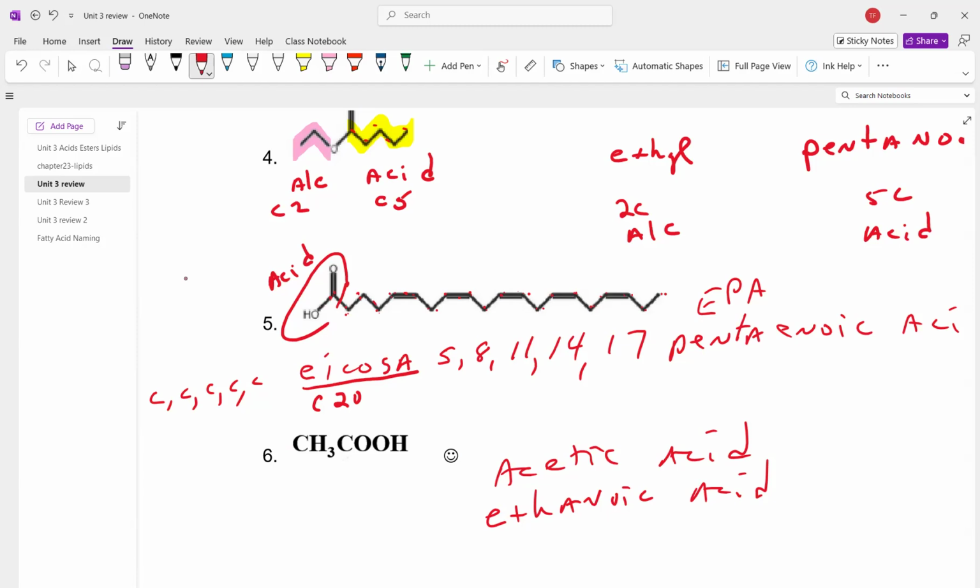So it's icosa 5, 8, 11, 14, 17 pentaenoic acid. Or if this is the sodium salt, then it would be sodium, all five cis, icosa 5, 8, 11, 14, 17 pentaenoate.